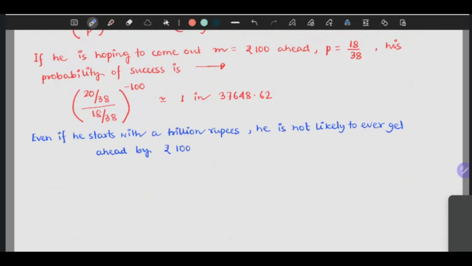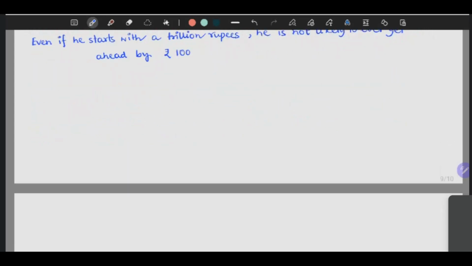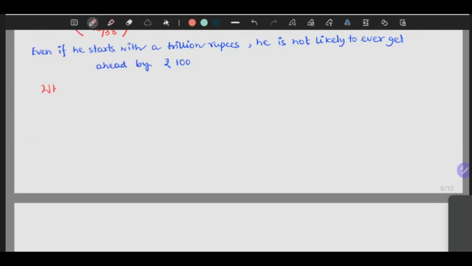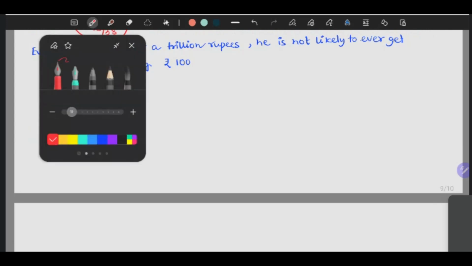But understand one point, why it's happening. Why is it so? You need to understand why it is happening like this, right?